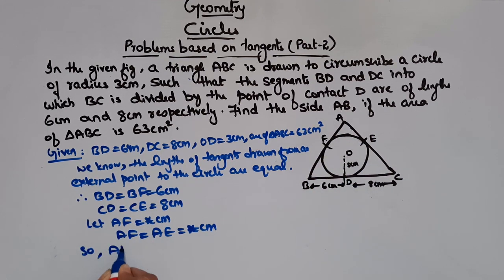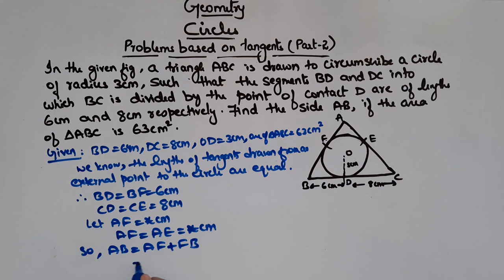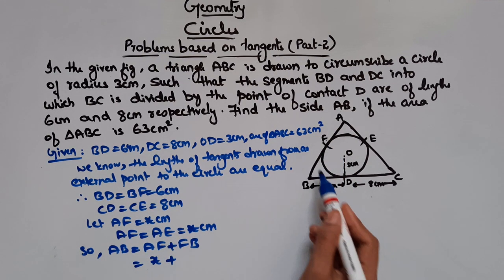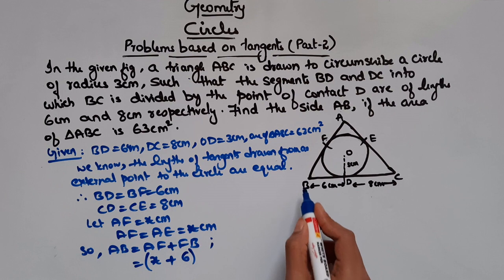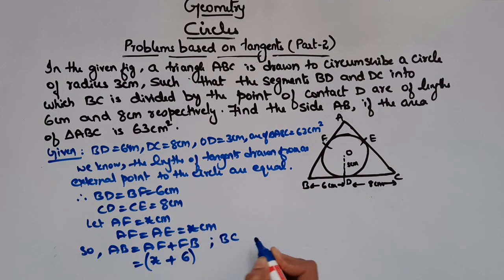So we know AB is equal to AF plus FB. Here AF we know is x, plus FB. FB is equal to 6 centimeter, right? So your AB is x plus 6. Similarly, what is BC? BC is equal to BD plus DC. Here BD is 6 plus 8. This will give you 14 centimeter.